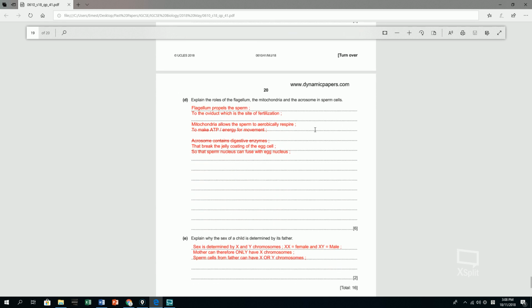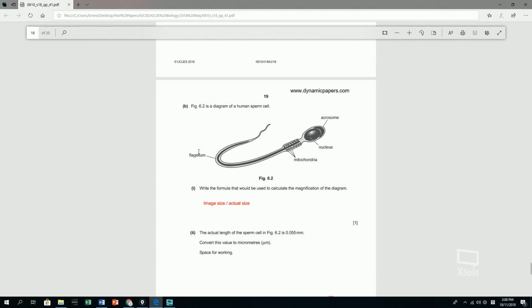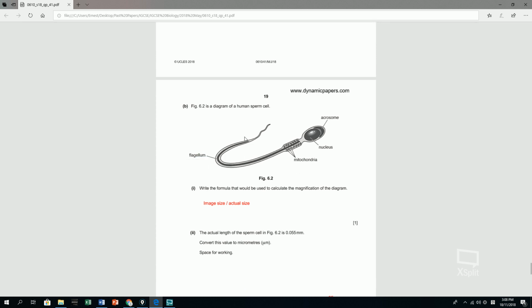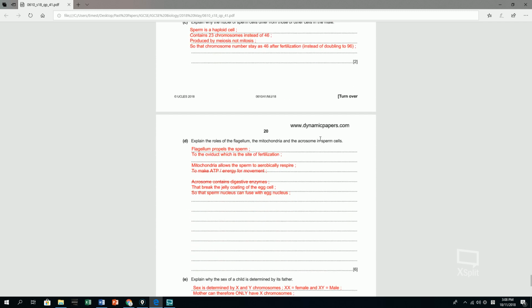They get you to explain the roles of each of these structures here, the flagellum, the mitochondria, and the acrosome. So the flagellum is this tail-like structure here, and basically it allows the sperm to be mobile and propels the sperm to the oviduct, which is where the fertilization happens, where it meets the egg.